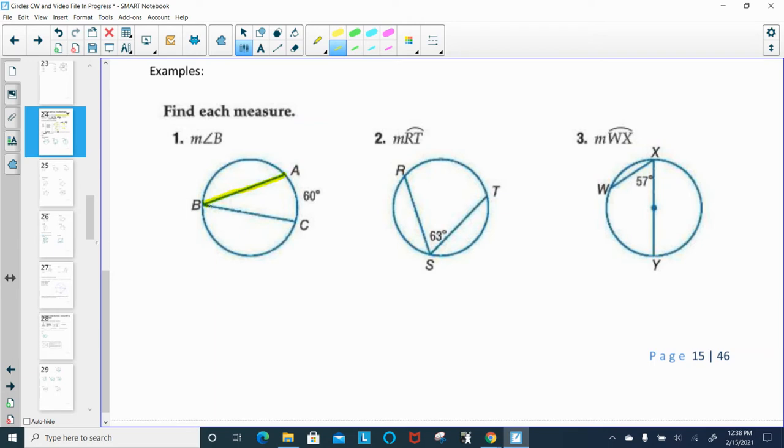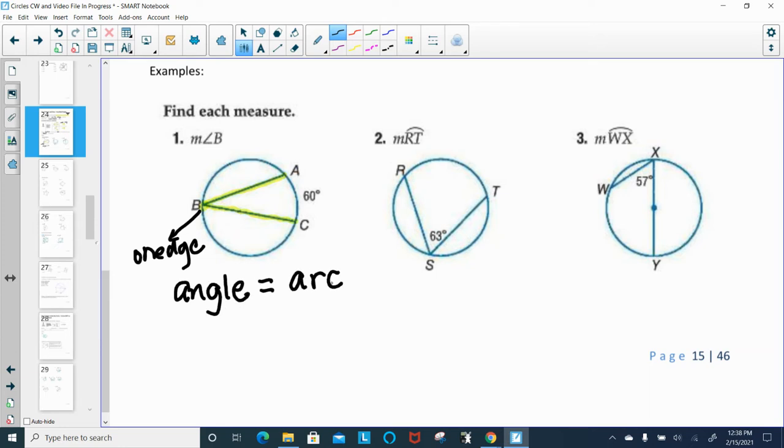We have angle ABC. We can see that B is on the edge, and that's our vertex. So this is an inscribed angle. So we say that angle equals arc divided by 2.